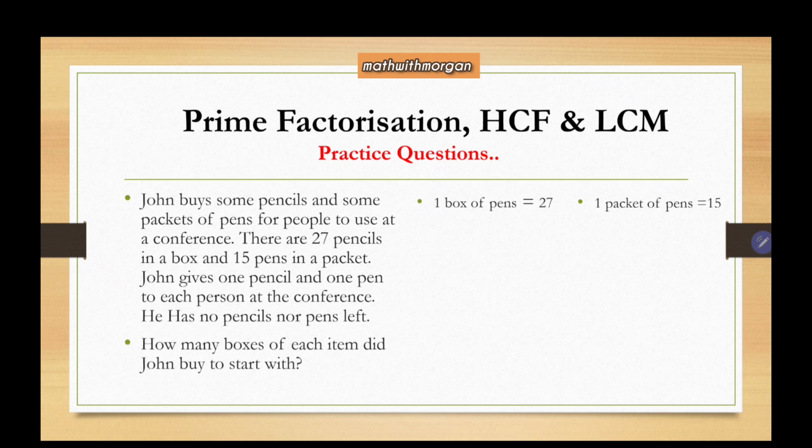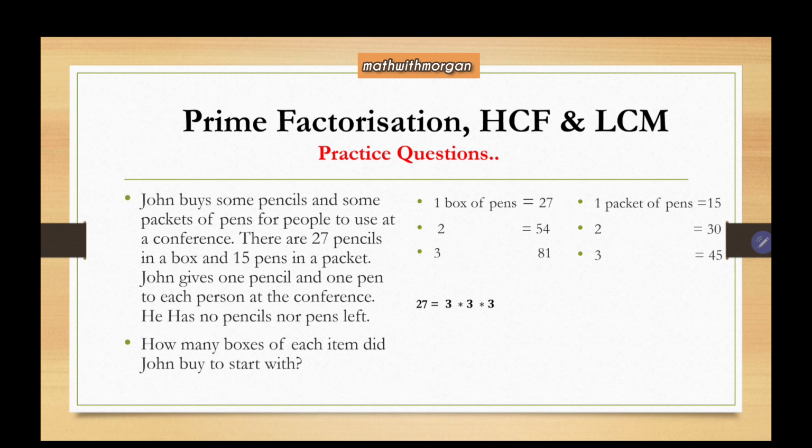So we need to also find the least common multiple of pencils and pens. Okay, so let's say he shares 2 boxes of pencils. That would equal to 54, and 2 packets of pens would equal to 30. This could go on and on, as we could have 3 boxes of pencils as 81 and 3 packets of pens as 45. So now what do we do?